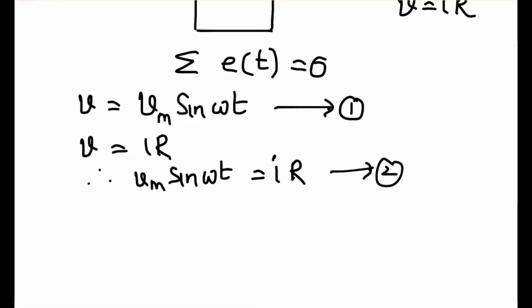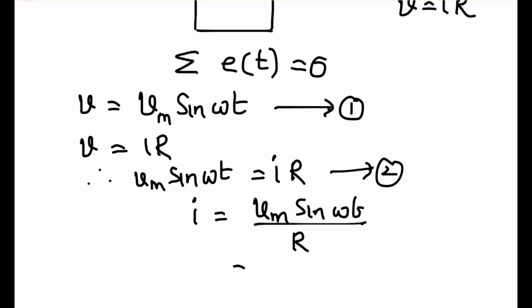You can say now I is equal to Vm sin omega t divided by R, and you can also write it as Vm by R into sin omega t. This is the equation for the current.